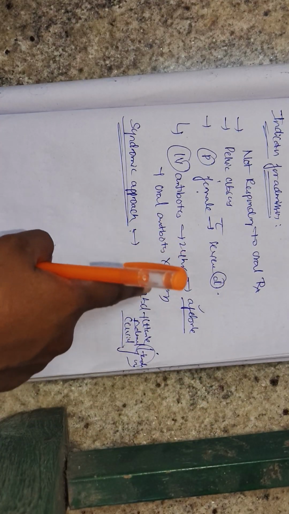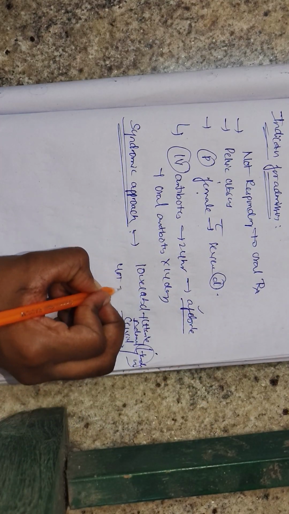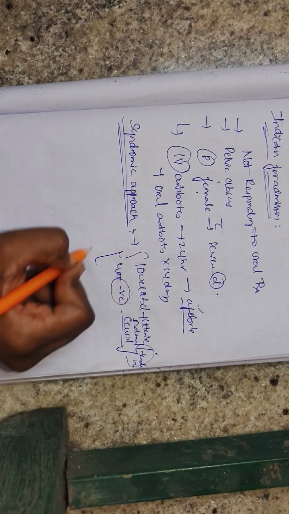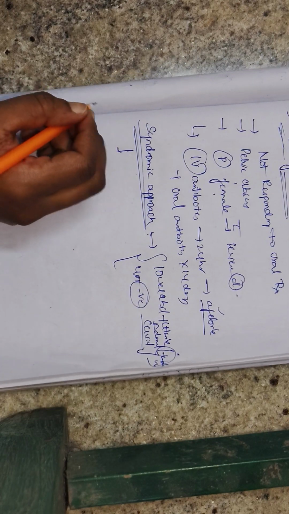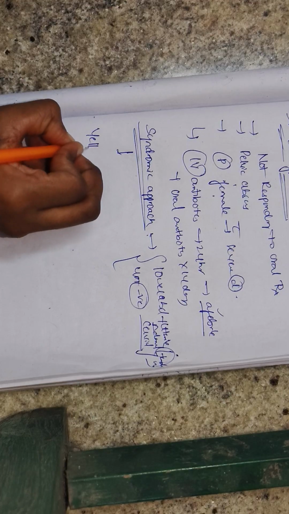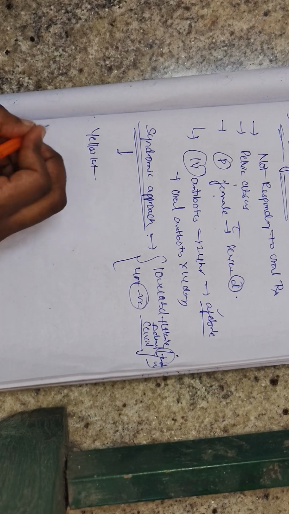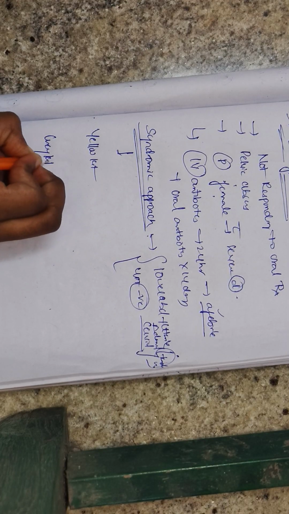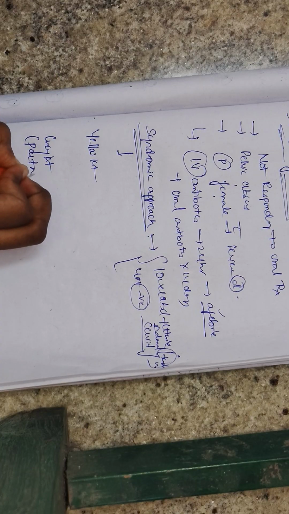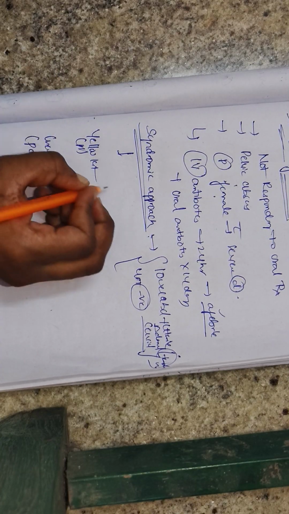If any criterion is present and the UPT is negative, then we can give the grey kit and yellow kit. Yellow kit for the patient, grey kit for the partner.